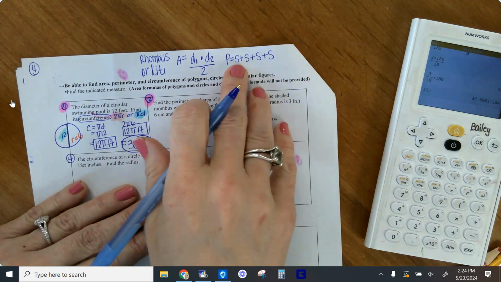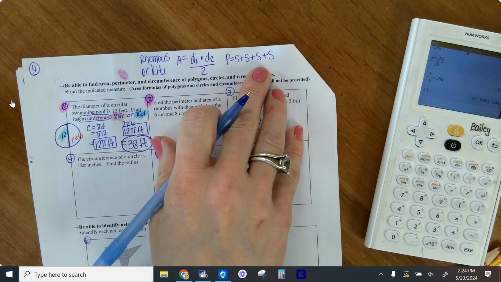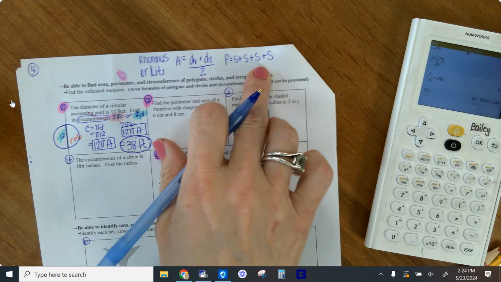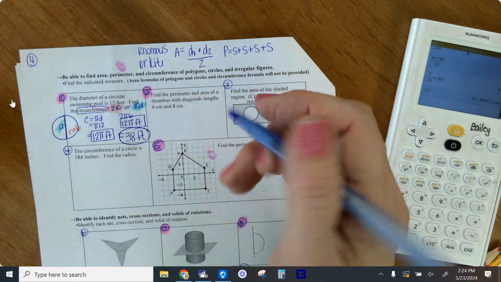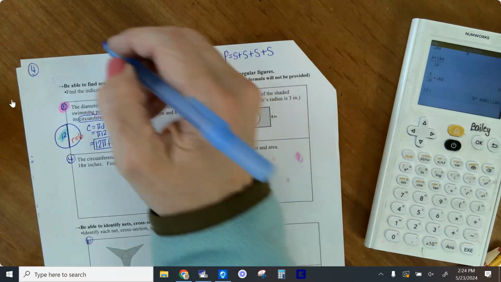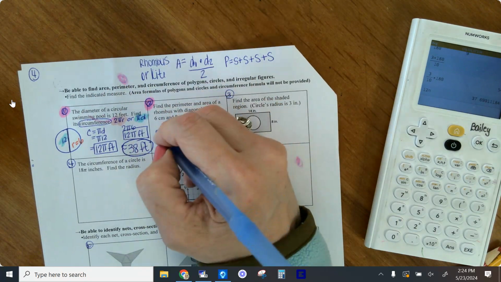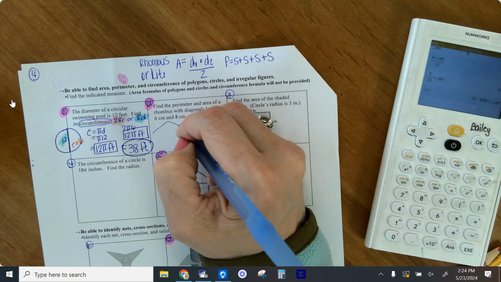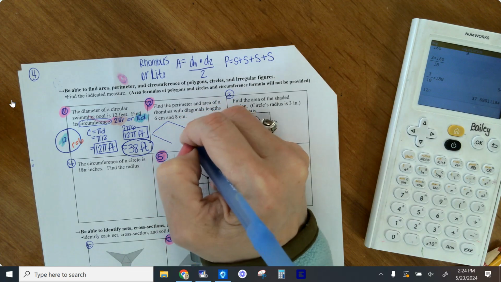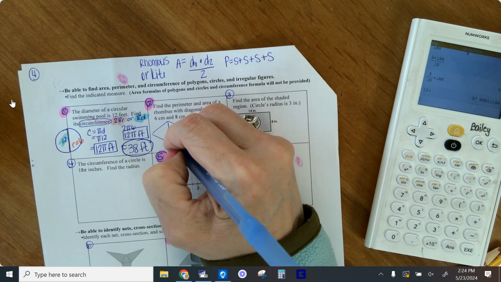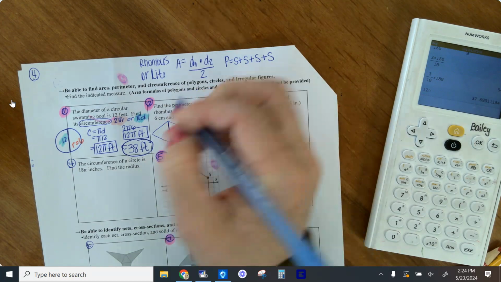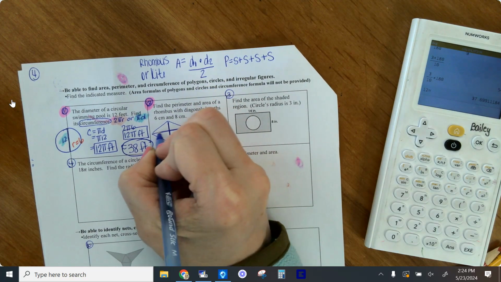In a kite, you're not going to have all 4 sides be the same, but in a rhombus, all 4 of them would be the same. So let's draw the rhombus here. Draw what looks like a diamond. Draw one diagonal here and one diagonal here.